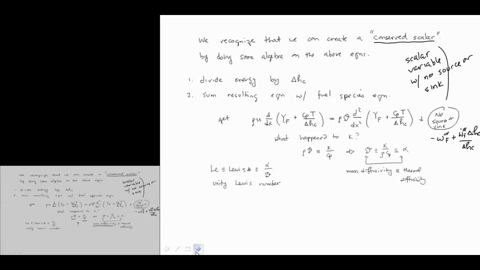You can think about it maybe as a binary diffusivity, or diffusivity into a mixture, into nitrogen, and you divide K over Cp by rho, and you get alpha, the thermal diffusivity. So they're both diffusivities, and oftentimes in mass transfer problems in combustion, we might make a Lewis number equal unity approximation. So the Lewis number is this alpha over D. Under those assumptions, we just have the same diffusivity for really an enthalpy type term and also for the species.